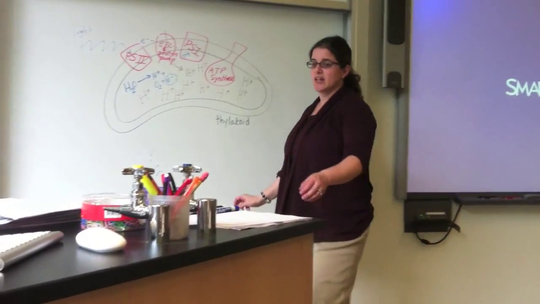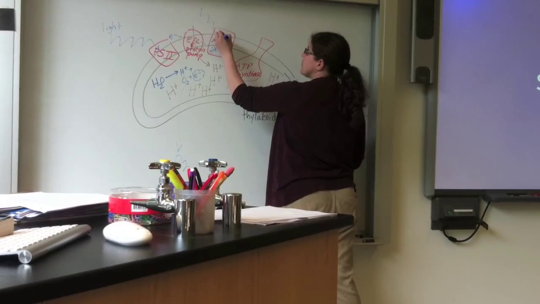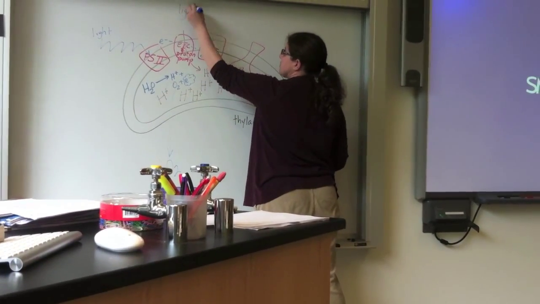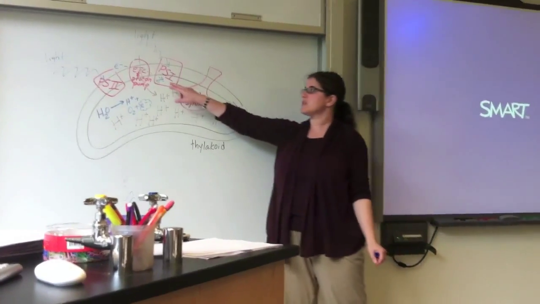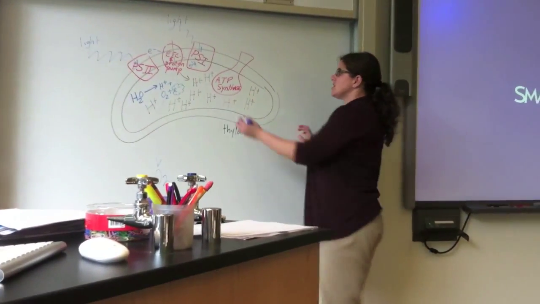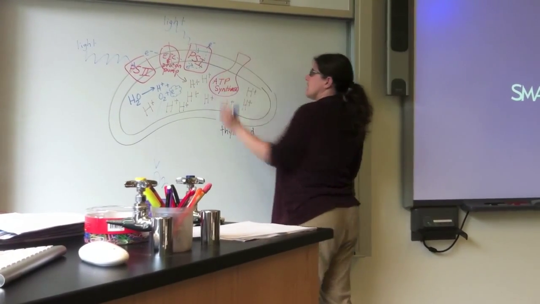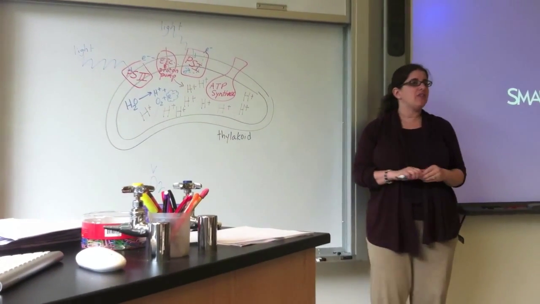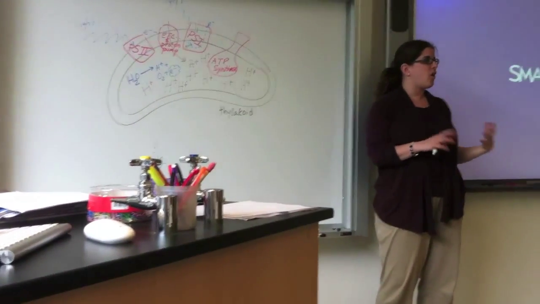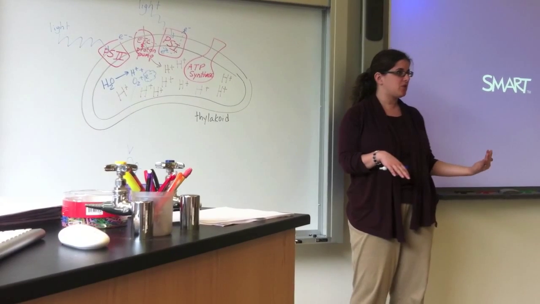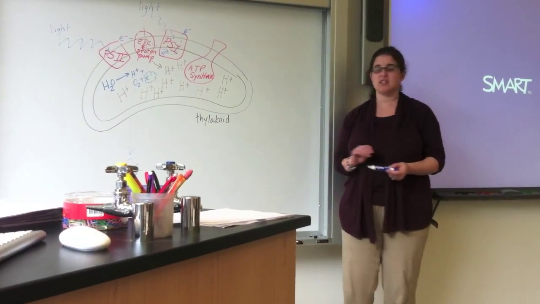It gets re-energized by more light coming into photosystem 1, because photosystem 1 has pigment molecules just like photosystem 2 did. So light's absorbed here, and it energizes our electrons again. So our electrons get some more energy. And these high energy electrons are then passed off to what we call the final electron acceptor, the thing that's going to take these electrons and move them to the Calvin cycle.